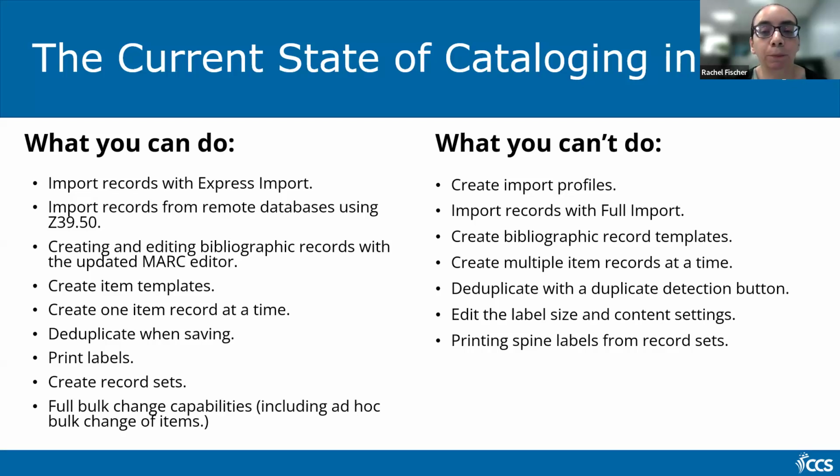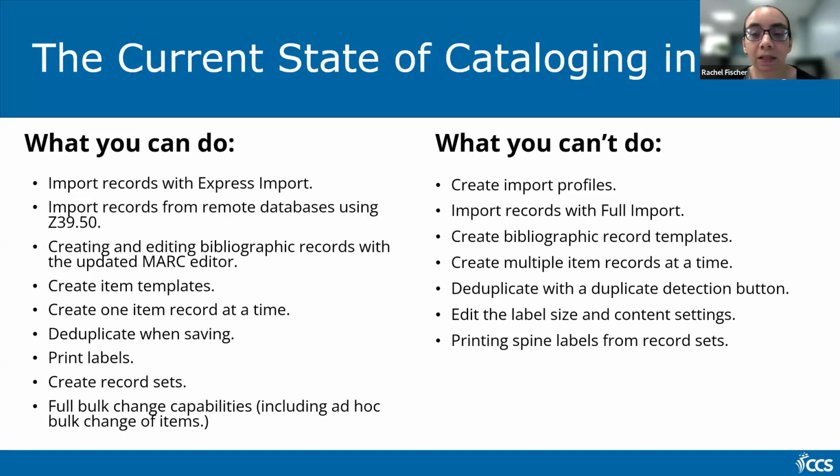The Mark editor has been enhanced so that you don't need to press so many buttons and can edit the tag and the line. However, it still does not have a duplicate detection button, and you still need to open records in separate browser windows if you want to compare them. It has the ability to create item templates, but not bibliographic record templates yet.